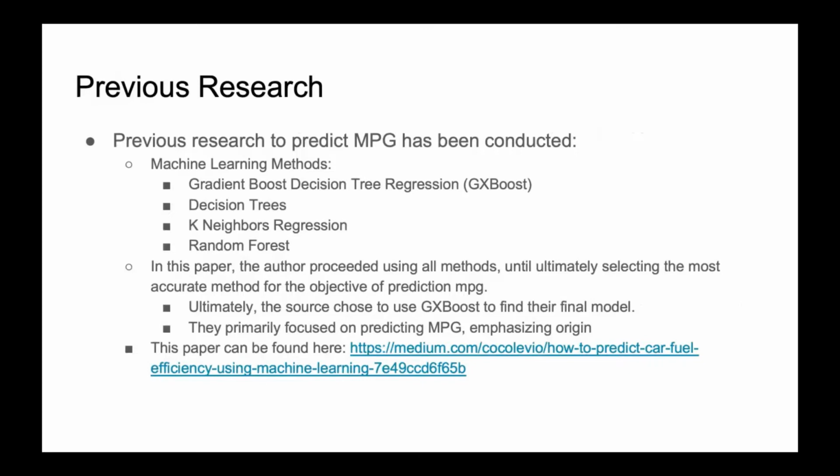They covered machine learning methods, which were gradient boost decision tree regression, decision trees, k-neighbors regression, and random forest. They used all of the methods mentioned above, and then they selected their best one, which was XGBoost. They primarily focus on predicting miles per gallon, emphasizing the origin.